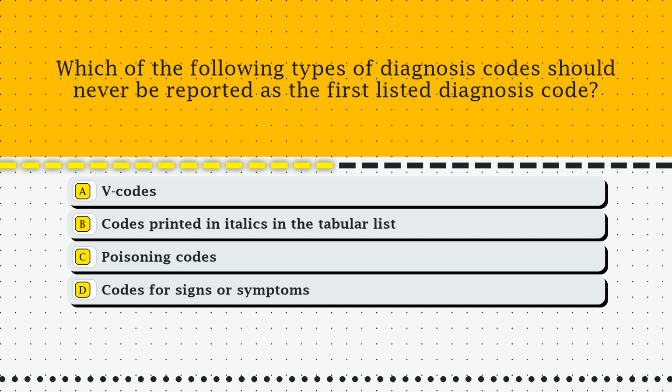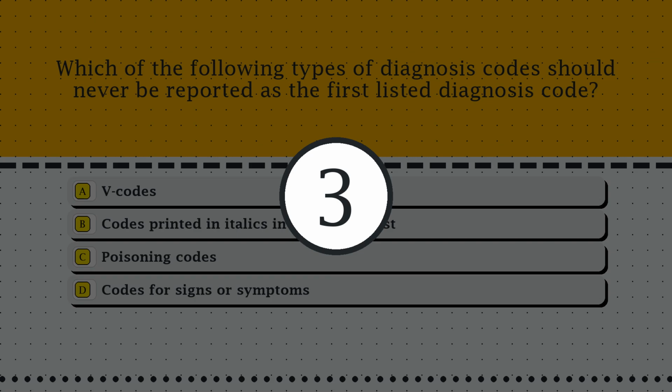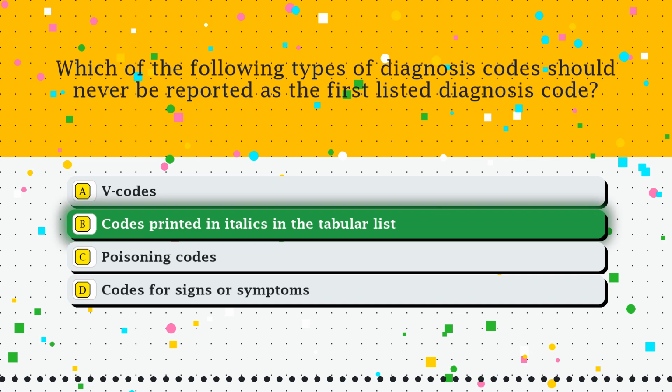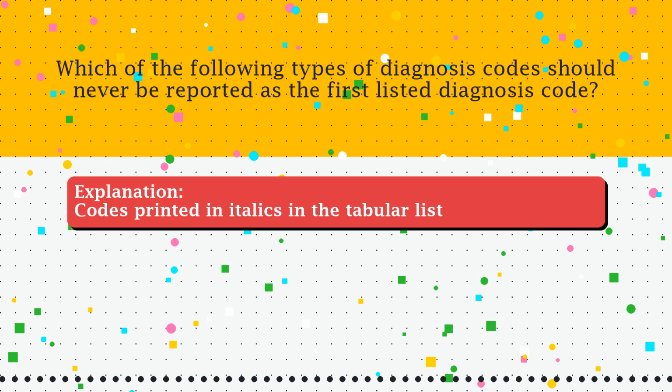Option A, V codes. Option B, codes printed in italics in the tabular list. Option C, poisoning codes. Option D, codes for signs or symptoms. The correct answer is option B, codes printed in italics in the tabular list.